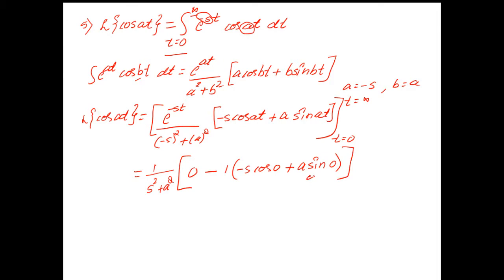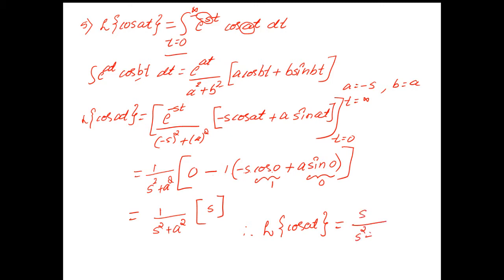We know that the value of sin 0 is 0 and cos 0 is 1. So substitute 1 divided by s square plus a square times, here minus 1 into minus s into 1, you will get s. Therefore our formula: the Laplace transform of cos at is equal to s divided by s square plus a square.